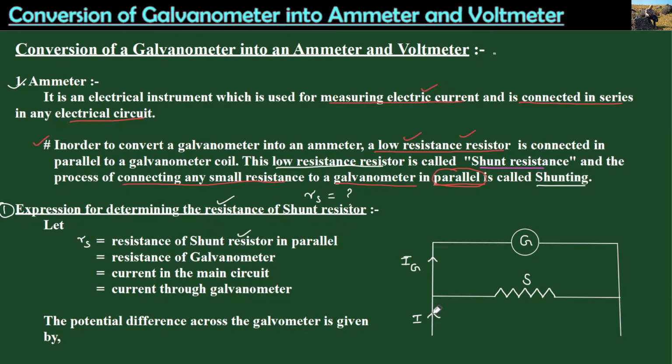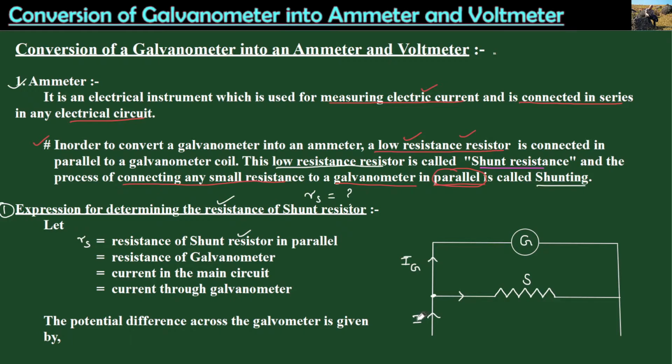Then if we apply Kirchhoff's current law, this point over here is the junction point. With respect to this junction point, this current I is approaching this point, and this current Ig is leaving that particular point. So the remaining current will flow across this branch, passing through the shunt resistor.